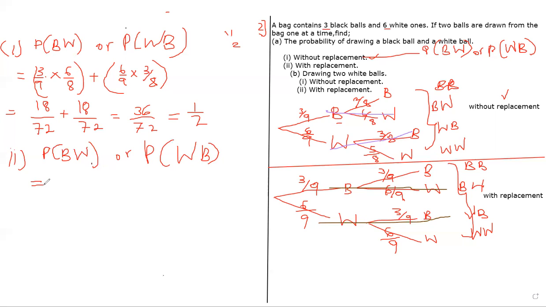That becomes 3/9 times white, which is 6/9, plus, because "or" means plus in probability, 6/9 times 3/9.